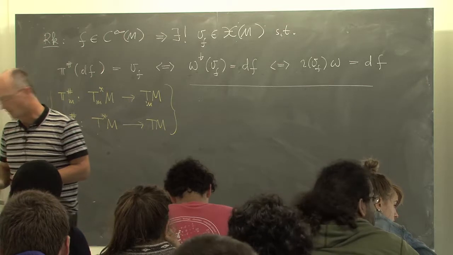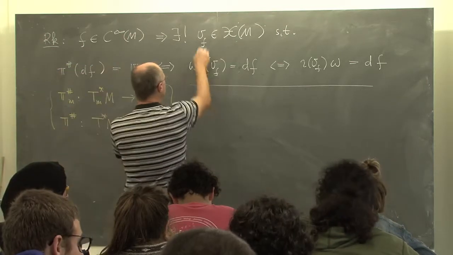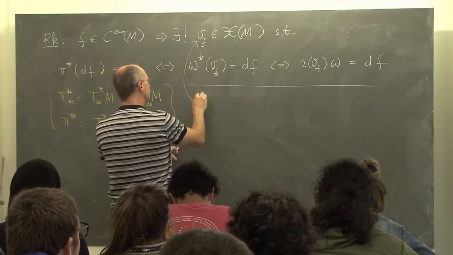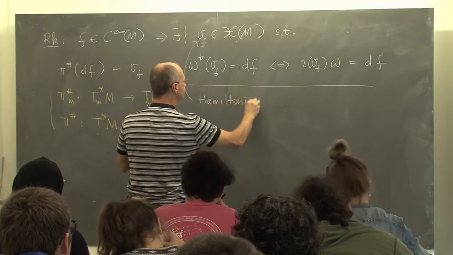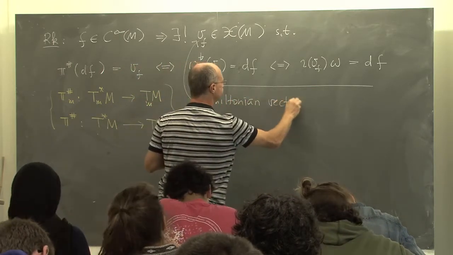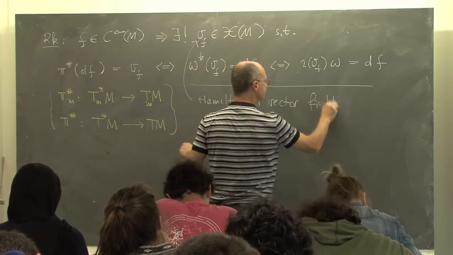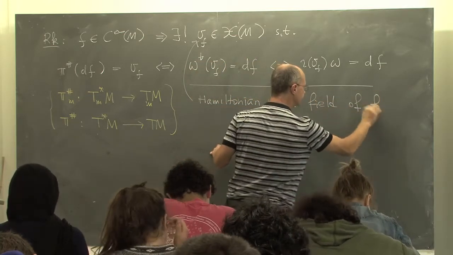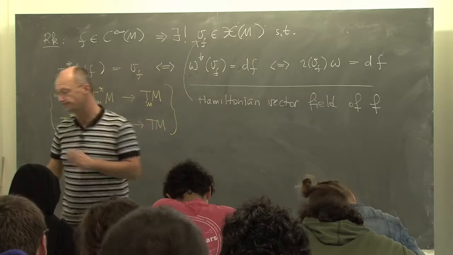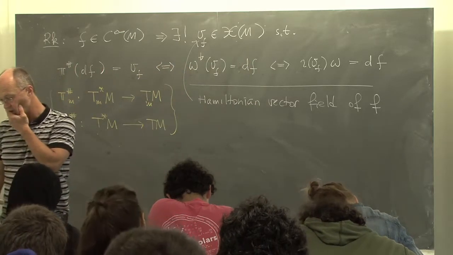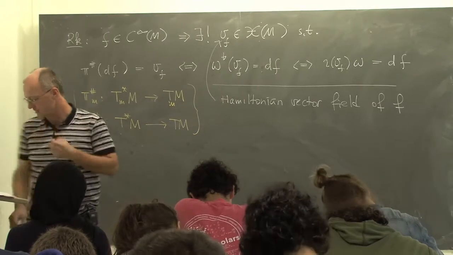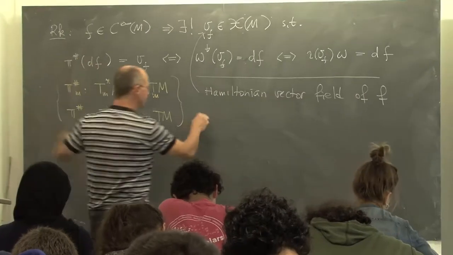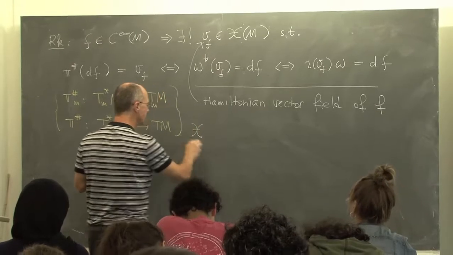Okay. So the name for it, as you probably know, is a Hamiltonian vector field of f. Let me already here introduce a notation.